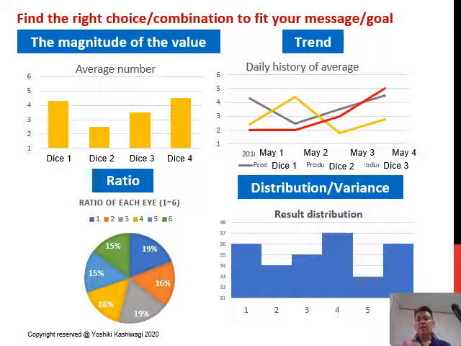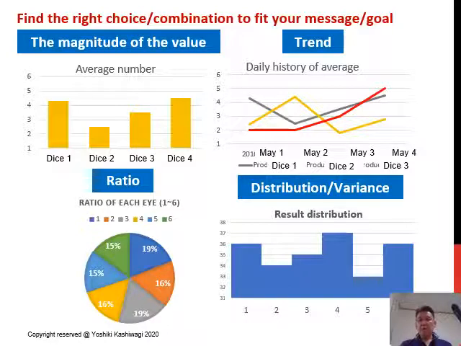And here is the trend. If you look at dice 1, on May 1st, the average was almost 4.3 and went down to 2.6 or something and went up. That shows the trends. And the last one is distribution or variance.